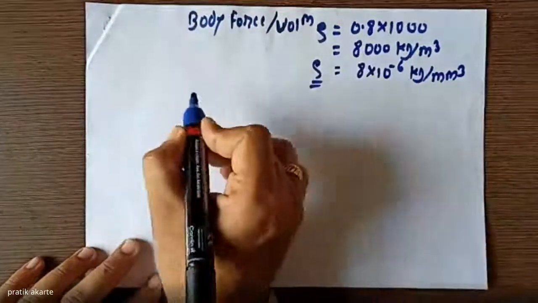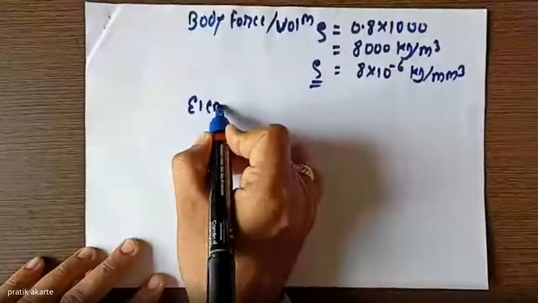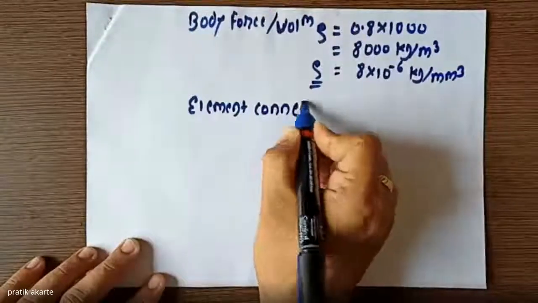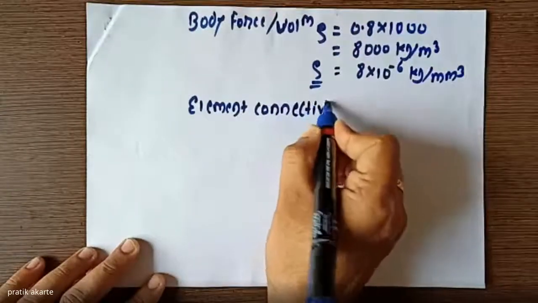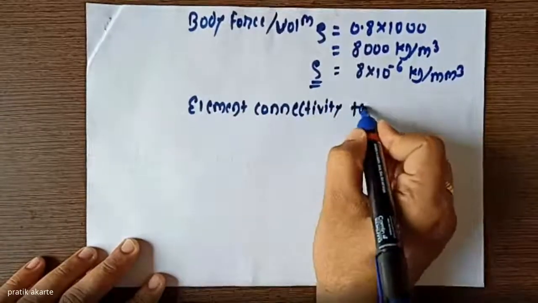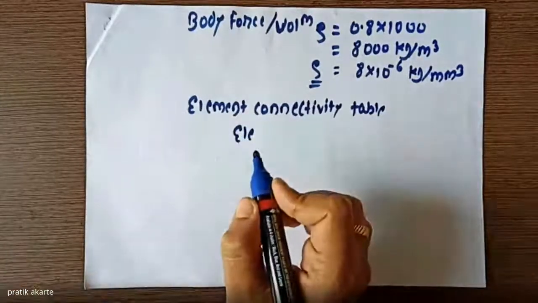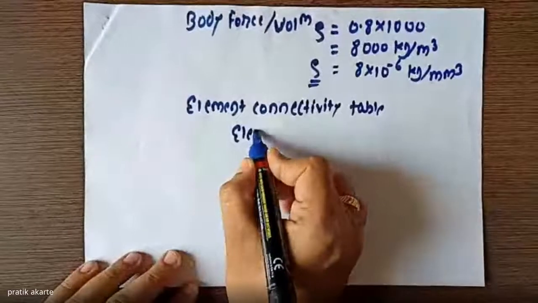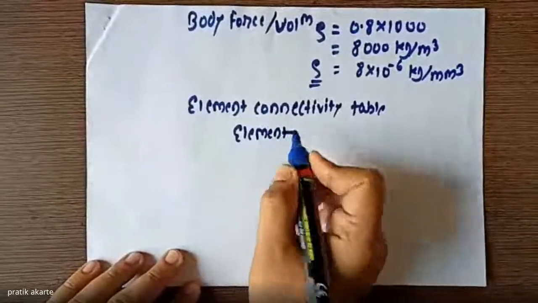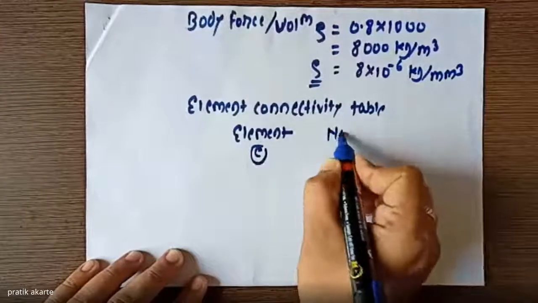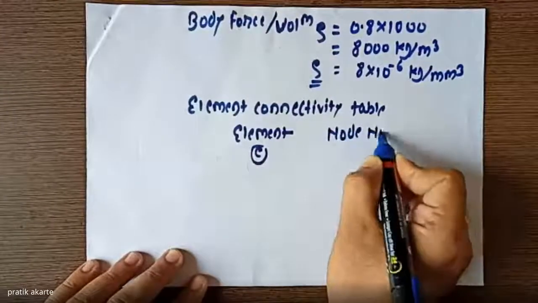Now we'll write the element connectivity table. Here I write element, that is E, and then I have node numbers.